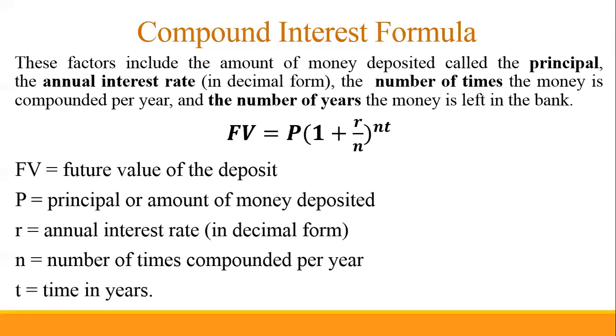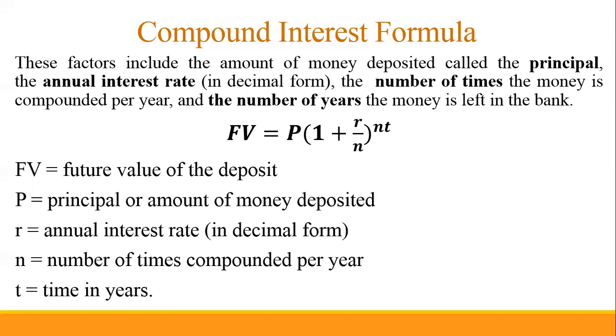Okay, so to solve compound interest problems, we need to take this information and plug it into the compound interest formula and solve for the missing variable. So the method used to solve the problem will depend on what we are trying to find.